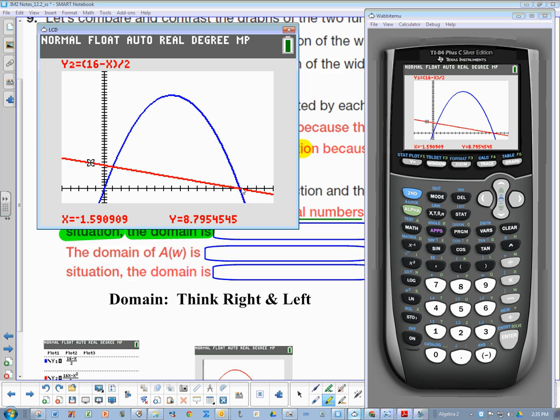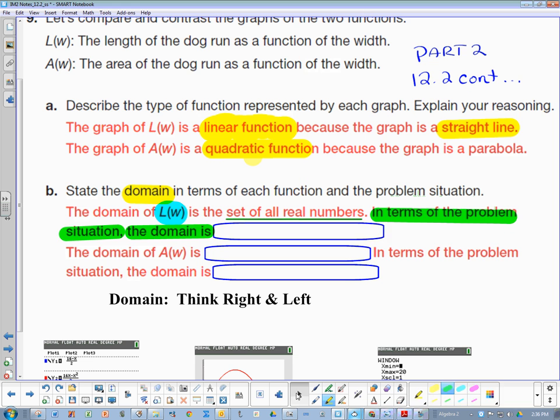So I have to actually keep it in between two values. Now, in the first video, we figured out what those were. This is 0, and this is 16. So my domain has to be between 0 and 16. Can't go below and can't go to the left over here. And there it is. So this indicates that the width has to be less than 16 and greater than 0.